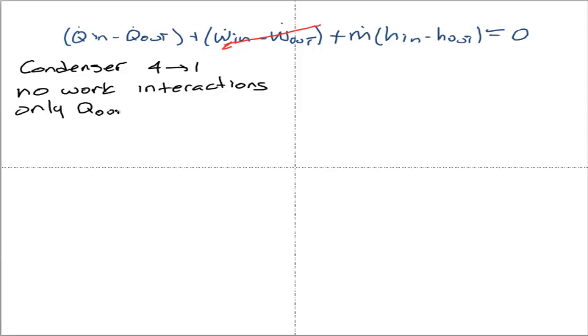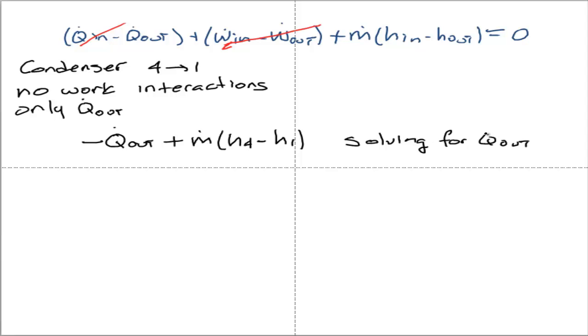We don't have any heat in, because that heat in will be an inefficiency, since we're going to need more energy to take it out from the water. So only Q out, and again Q out has a negative sign because it's leaving the system, plus mass flow rate times the enthalpy difference.